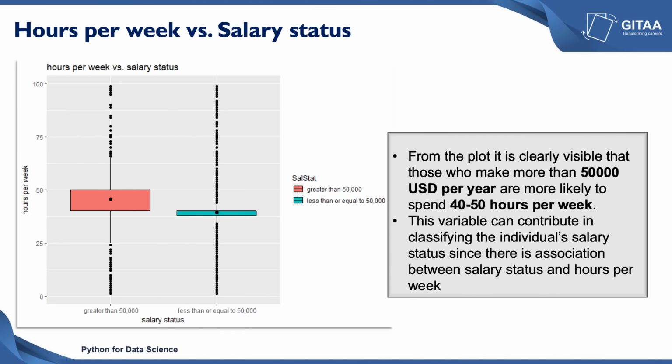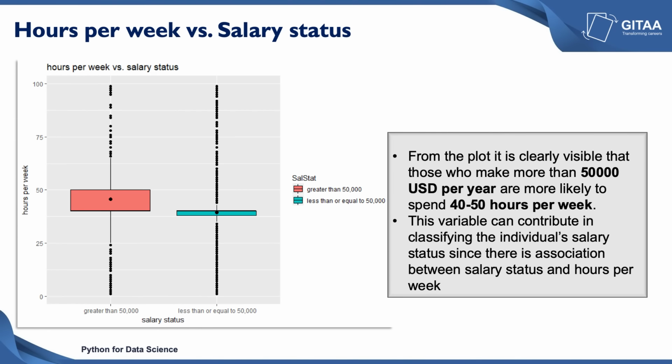Here we are going to check how the salary status is varying with respect to the hours spent by the individual in a company. And if you see here from the plot, it is clearly visible that those who make more than $50,000 per year are more likely to spend between 40 to 50 hours per week on an average, and this variable can contribute in classifying the individual salary status, since there is an association between salary status and hours per week.